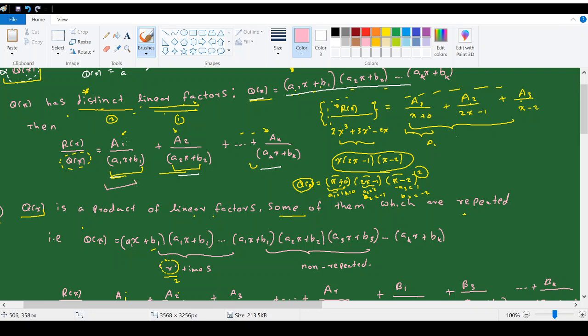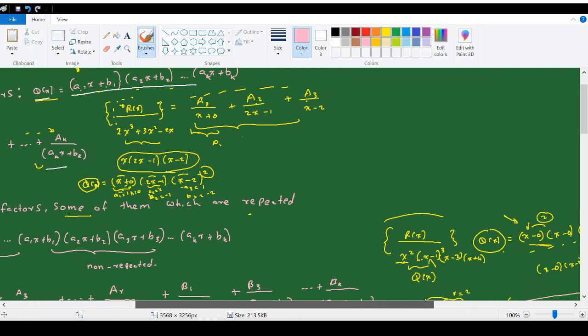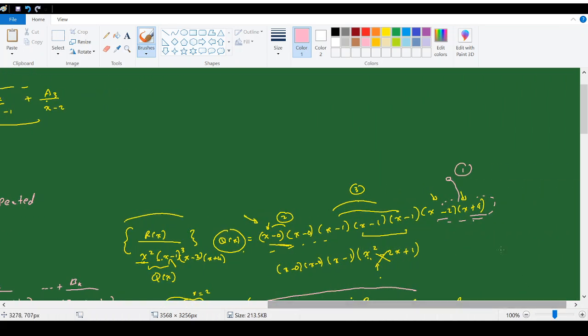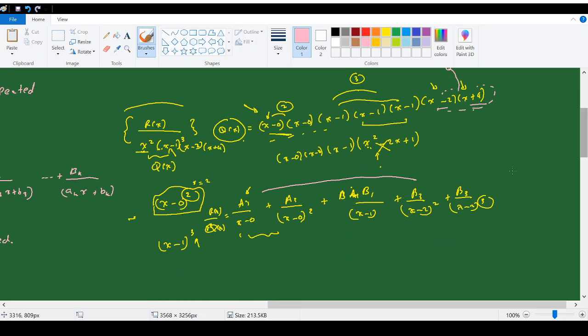For each and every linear factor, if it is distinct, we should allocate a separate number, just a digit for the numerator, and we just write it down like this. So in our second example, since these two are distinct linear factors, we will allocate another two different numbers.